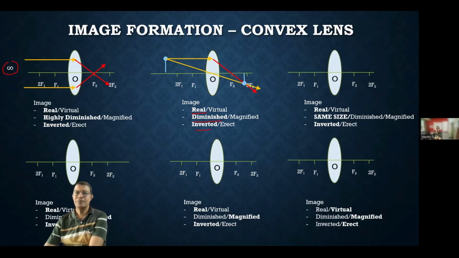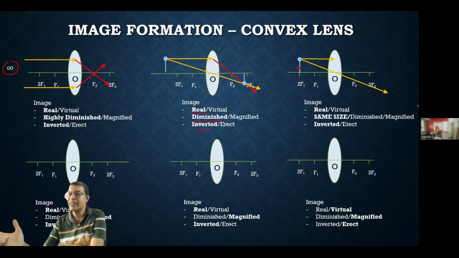Now the third case is when the object is at 2f1. Again we use the image formation rule: one parallel ray and one to the optical center. Simple rule, right? Now how will they meet?